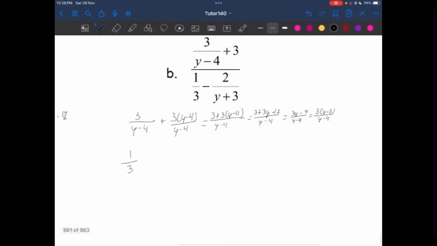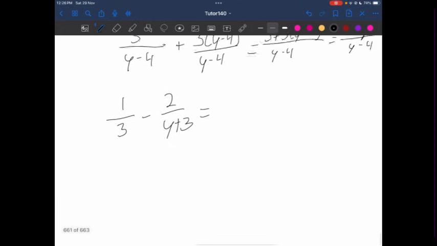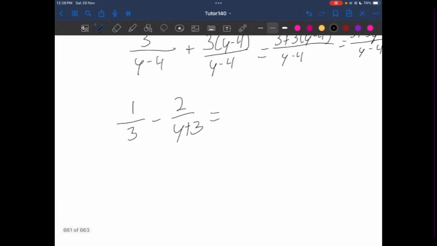Now we're going to do our denominator. 1 over 3 minus 2 over y plus 3. Okay, so now, again, they have to share the same denominators. Our LCD would just be 3 times y plus 3.